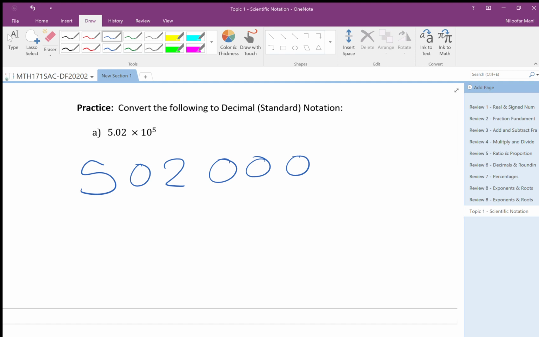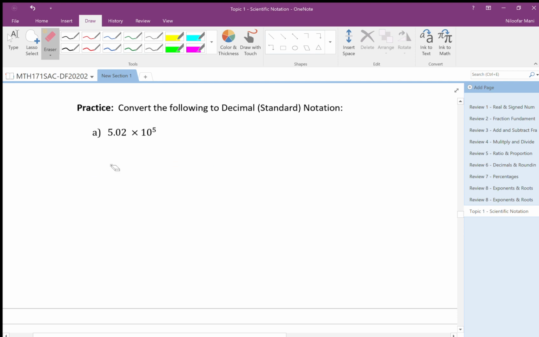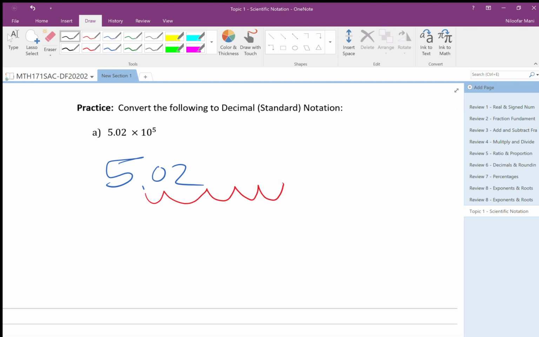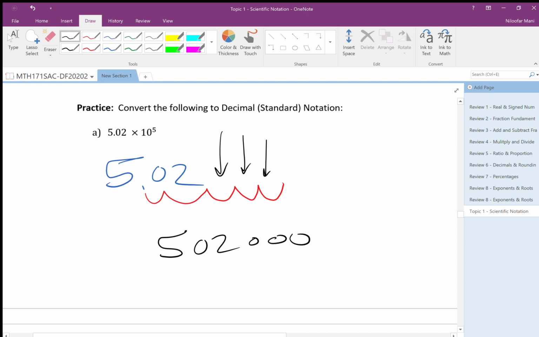So of course you have to move and add 0. I just do this 5.02. How many moves do I do? 1, 2, 3, 4, 5. When I don't see any digit, I have to add 0. So it is 5020000. This is the answer.